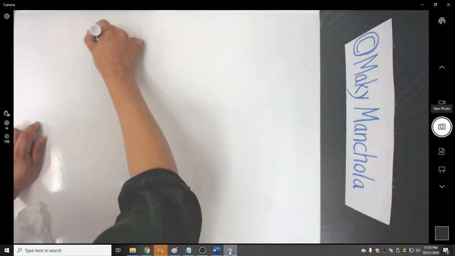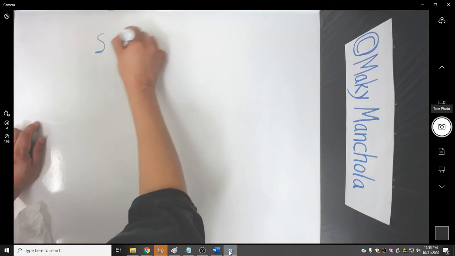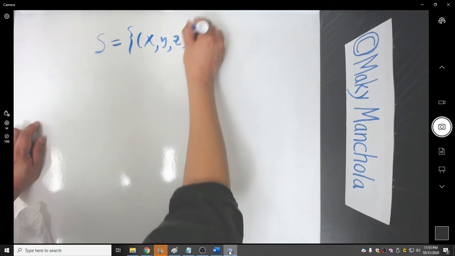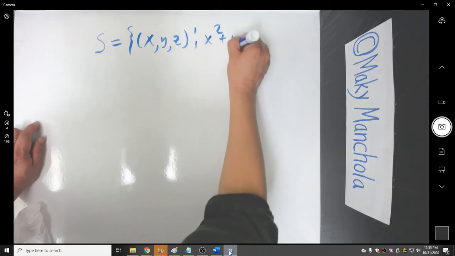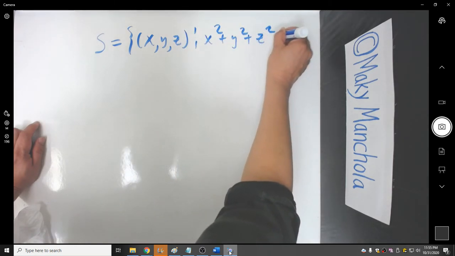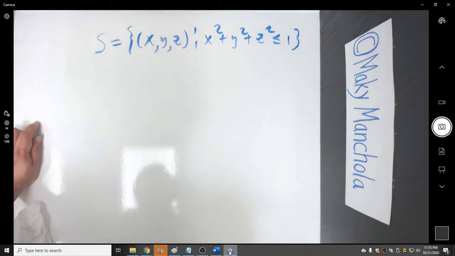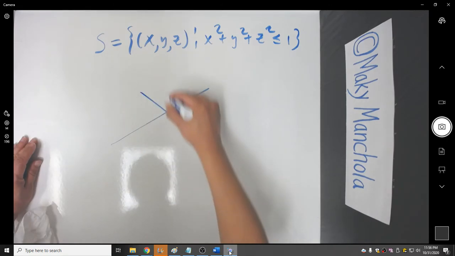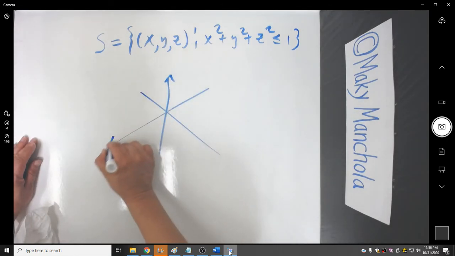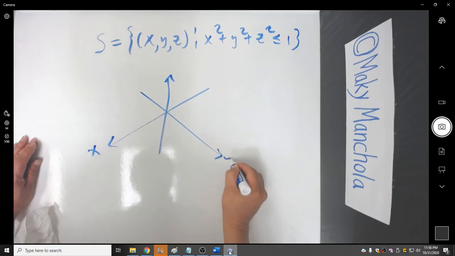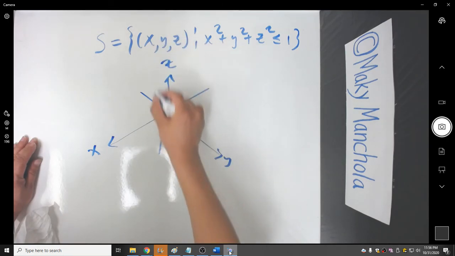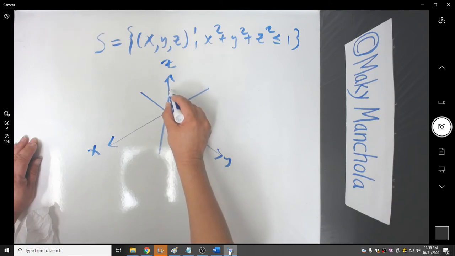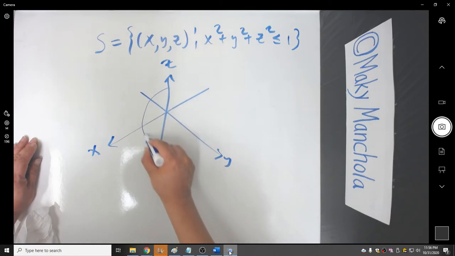I have S. Here is the XYZ space, and that's just the solid ball.